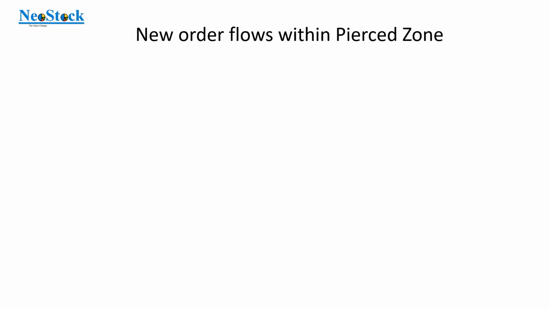Okay, next usage with the pierced zones. It's a very important point. All these days, pierced zones meant no order flows. That is what we thought. Now we are trying to change our perspective. Why? Because now we are thinking like institutions. Earlier we thought like retail traders, normal supply demand zone traders.